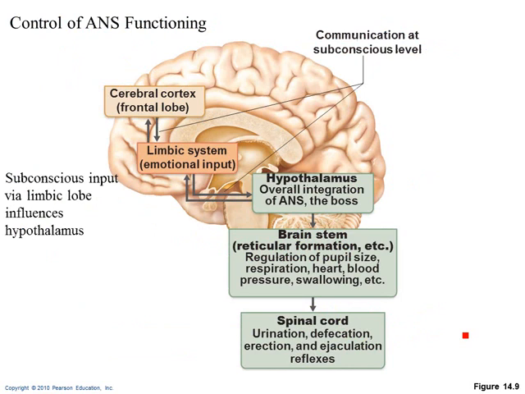Okay. I want you to just think of this real basic. Your limbic system, that's where you have emotion. Okay? All right. When you're in a fight or flight or stressful situation, are you emotional? Yeah. So there is an emotional component to sympathetic innervation. Okay?